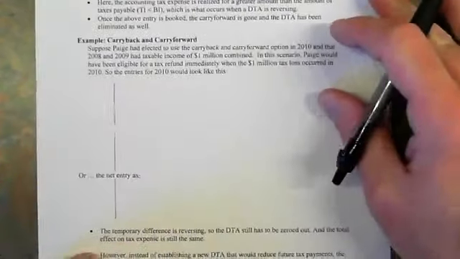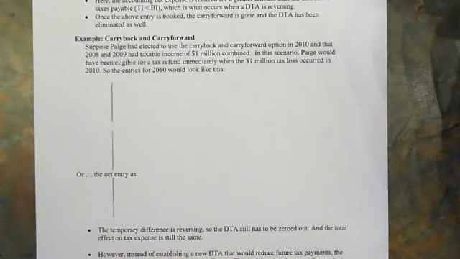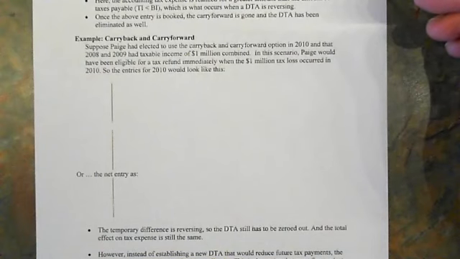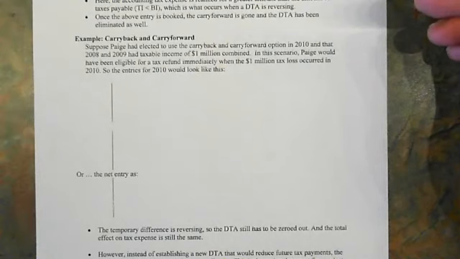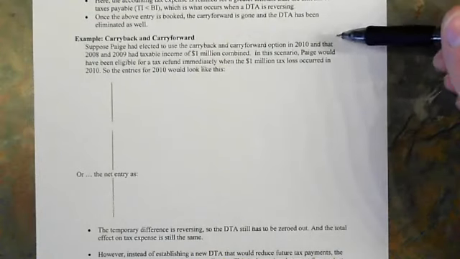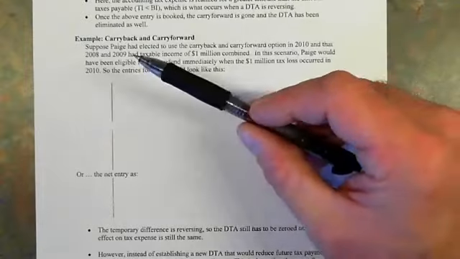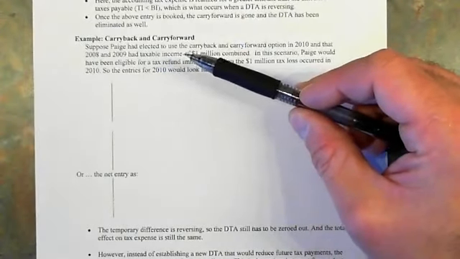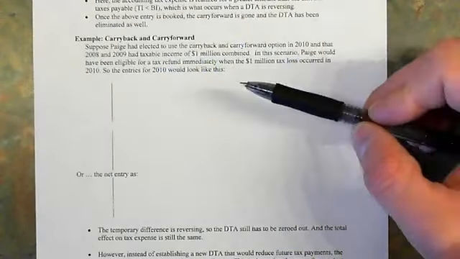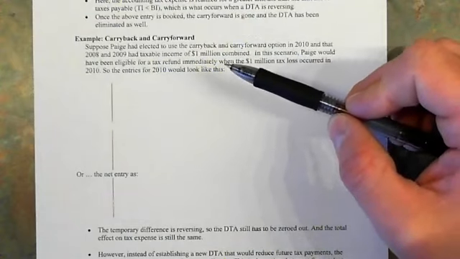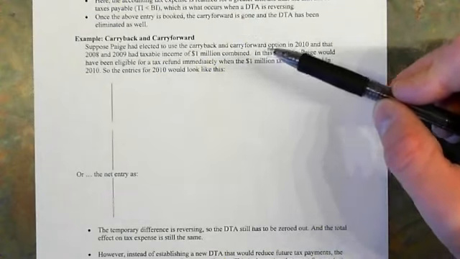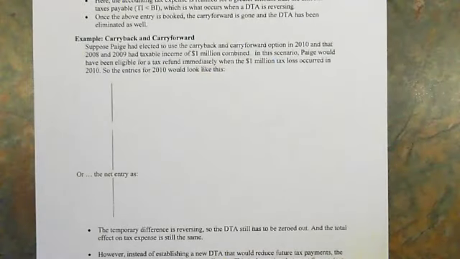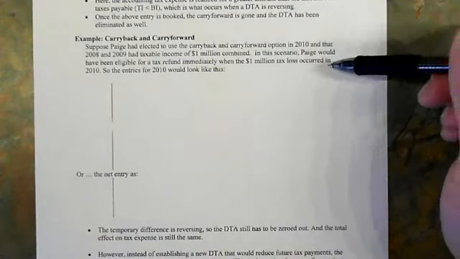So now let's think about what happens during a carryback, then a carry forward. Suppose that in that original year, 2010, I used a carry back rather than carry forward. So if Paige carried back, and I said in 2008 and 2009, they had taxable income of $1 million combined, then you would have been eligible for a tax refund immediately because you're offsetting taxable income that has already been recorded and paid when the 1 million loss occurred.